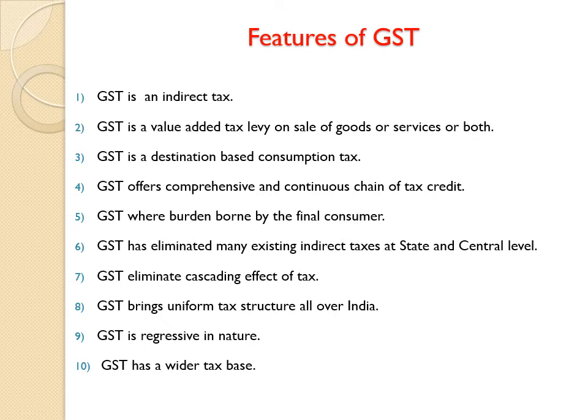It means that GST is borne by the last consumer. GST offers a comprehensive and continuous chain of tax credit. Tax credit is available in GST. The burden of GST is generally borne by the final consumer.